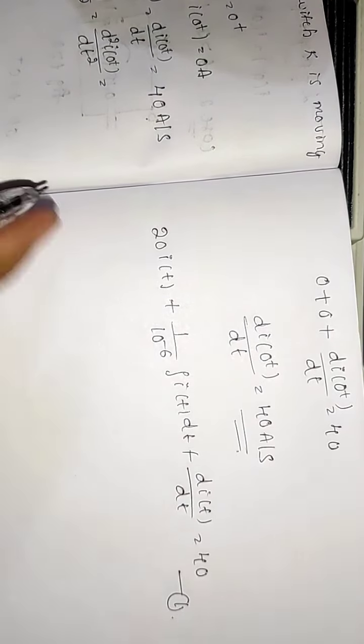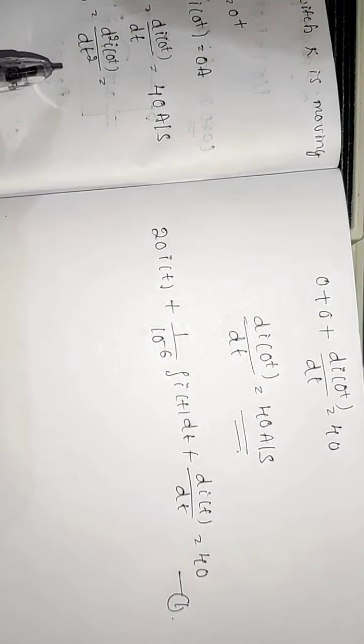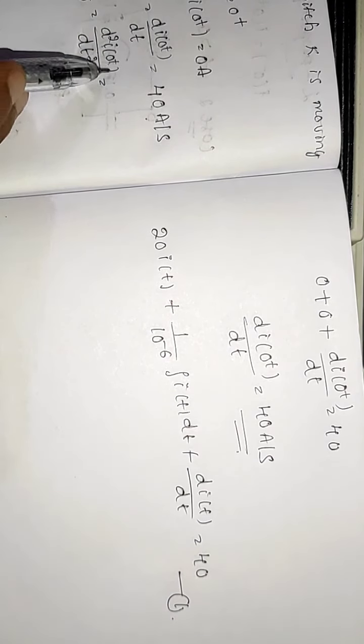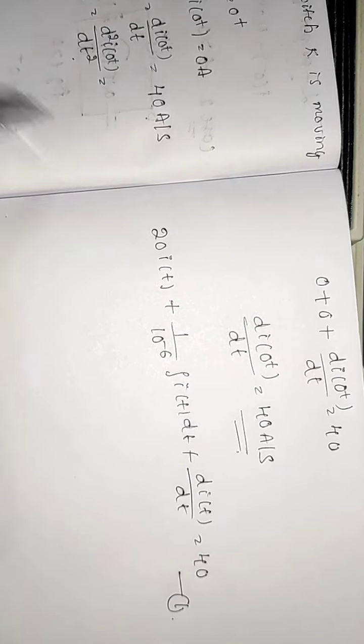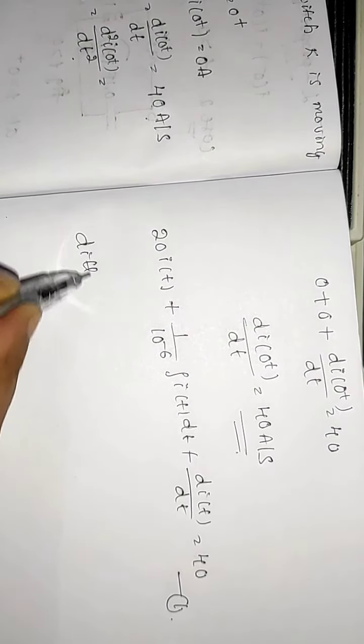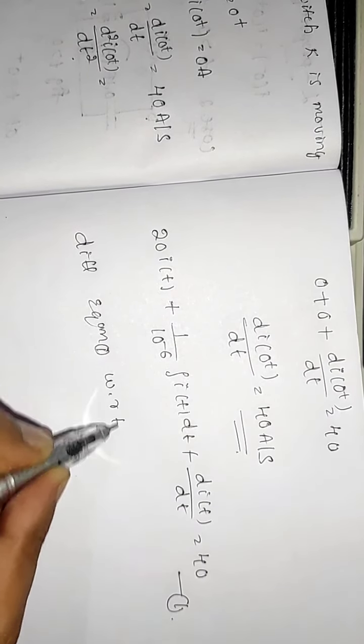Here you have to find d square I of 0 plus divided by dt square. For that, differentiating equation 1 with respect to t.